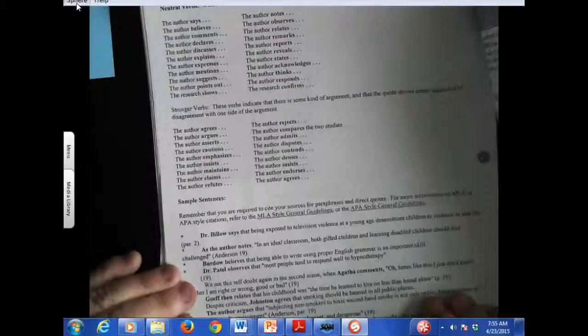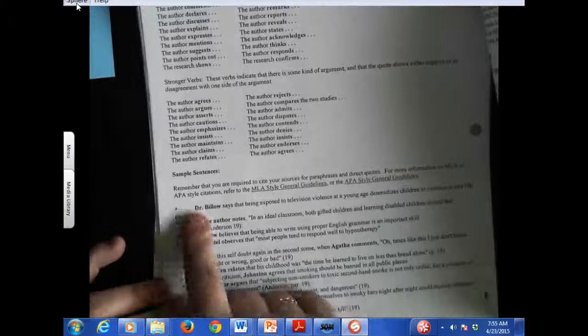Now in your quoting, there's something called lead-ins, and we talked about that a little bit earlier when we did our research paragraph. There's a thing called lead in, quote, follow up. To lead in, this is on page 22 of your packet, so everybody turn to page 22.